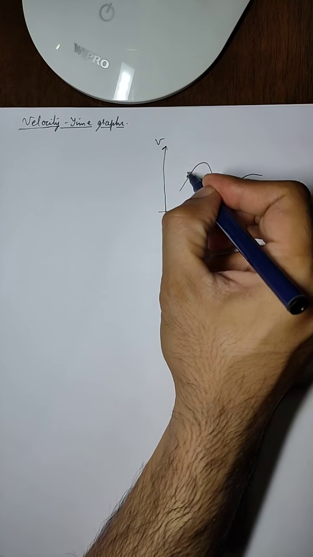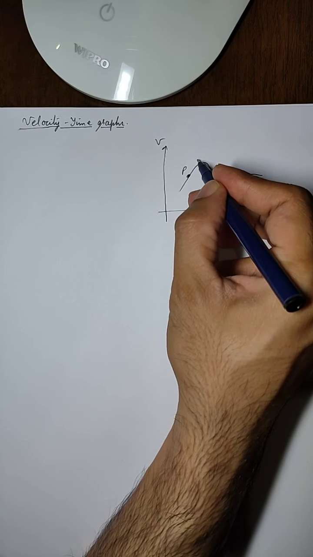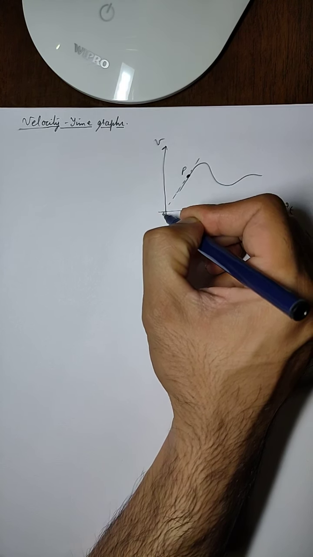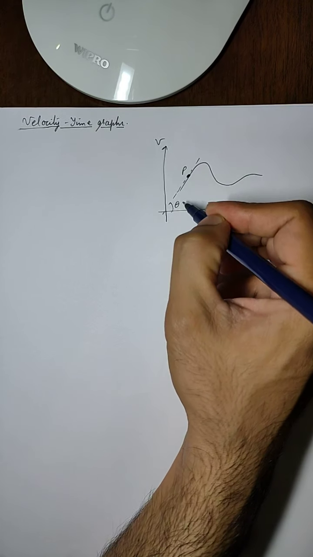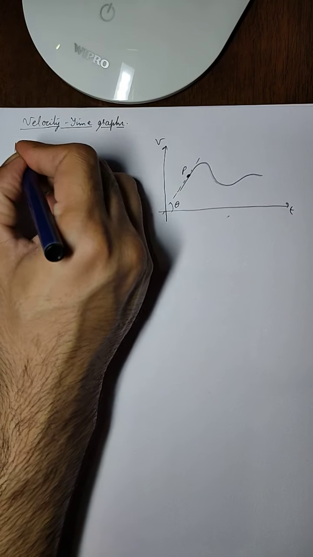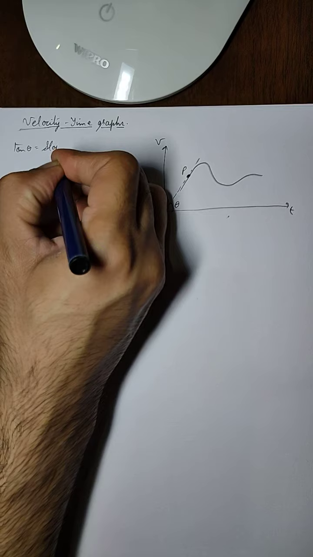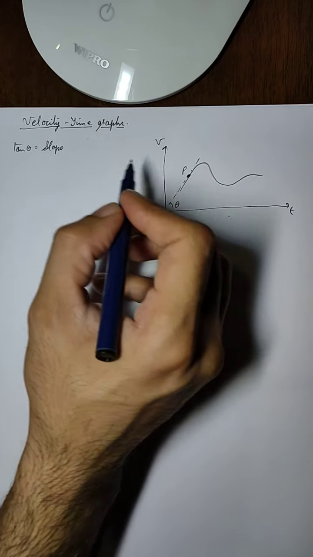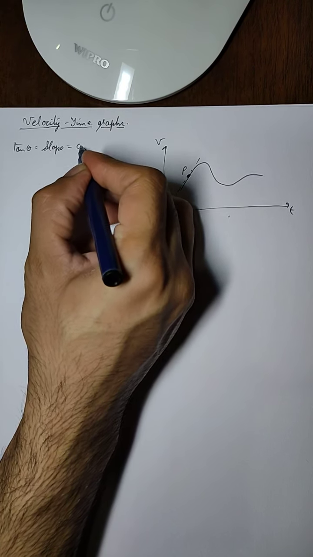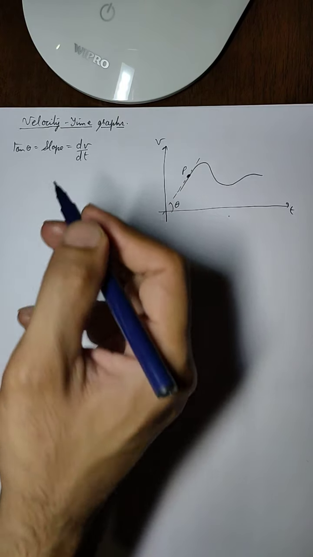Now if we again take a point P and make a tangent, then tan of this angle theta will give us the slope. Now we know that the slope here will be equal to dv by dt, and what is dv by dt?